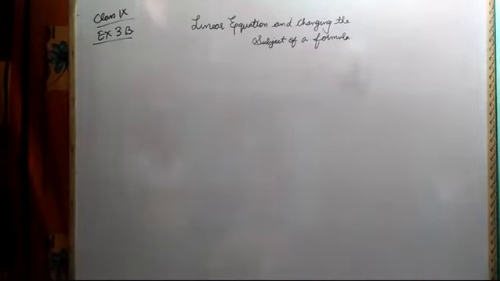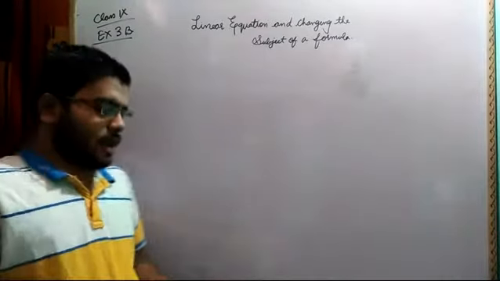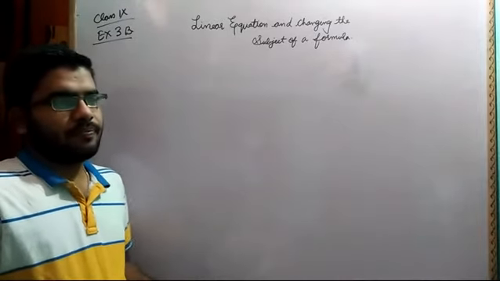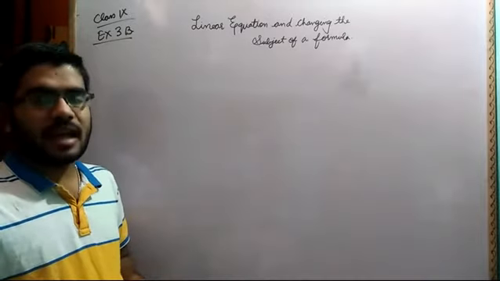Before that, in this chapter, what we are supposed to do is that the problems will be given in the form of words. Like I say that the area of the room is equal to the product of its length and breadth.